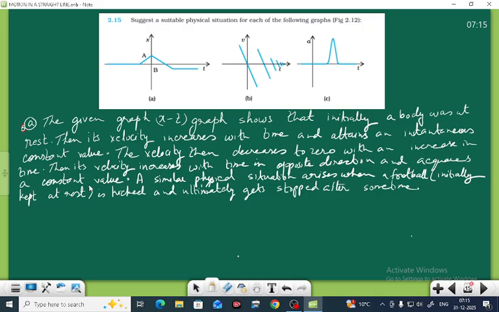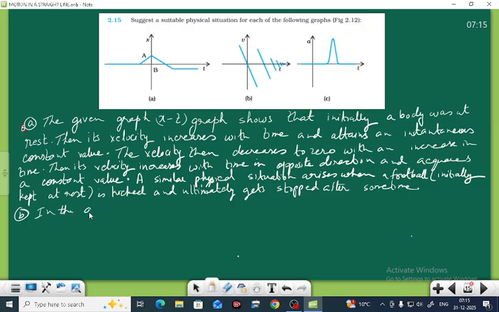And number b can be written in this way. What is that?